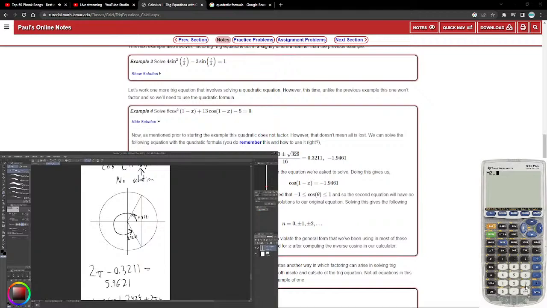Negative 0.3211. Wait, how do you... Here, 0.3211 minus 2 pi.